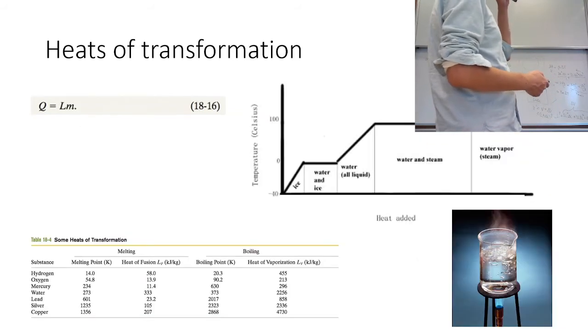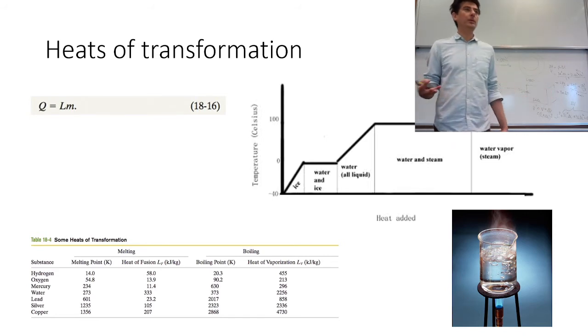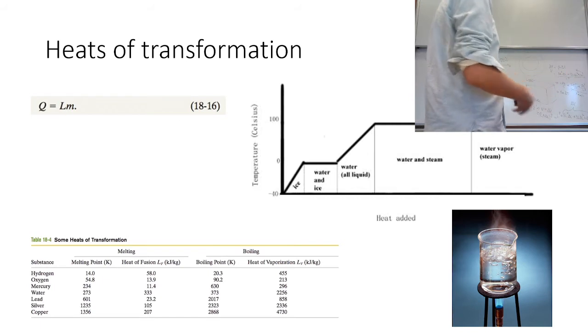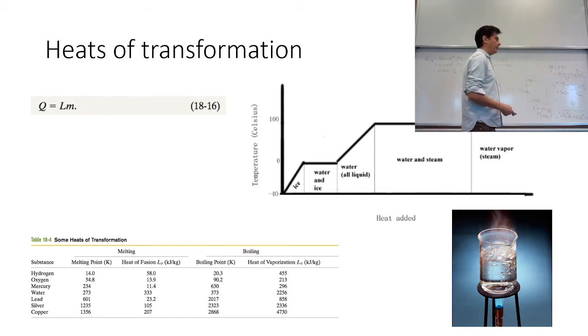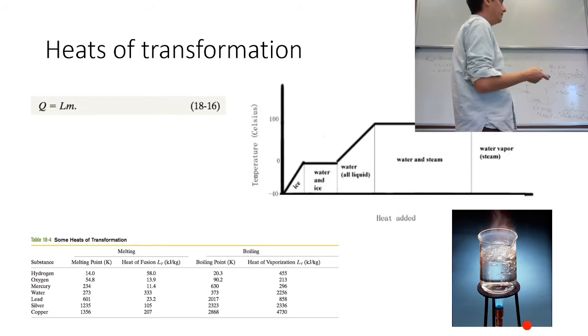Okay, and we also have heats of transformation. When something goes through a phase transition like ice melting or water boiling, what you find if you measure the temperature, say you started off with ice in this beaker and heated it up, you'd stick a thermometer in there, is that the temperature is going up, but then when it starts to melt, the temperature stays constant for a while, despite the fact that you're heating it.